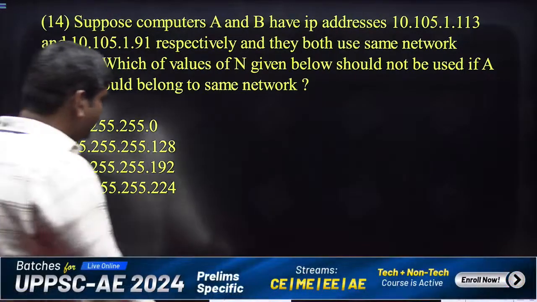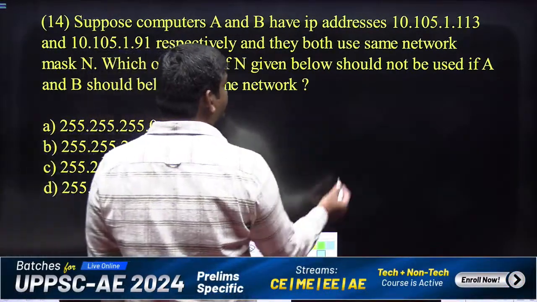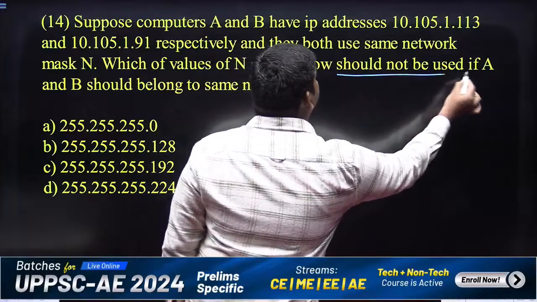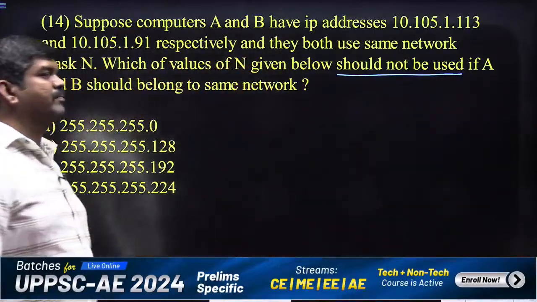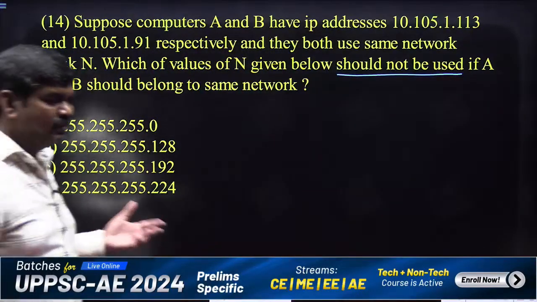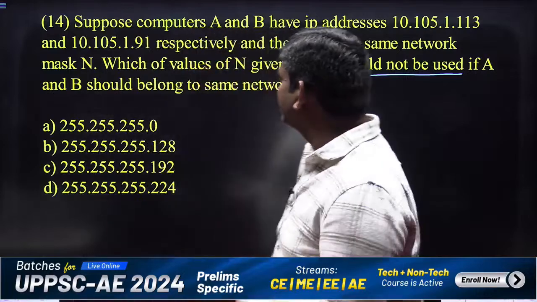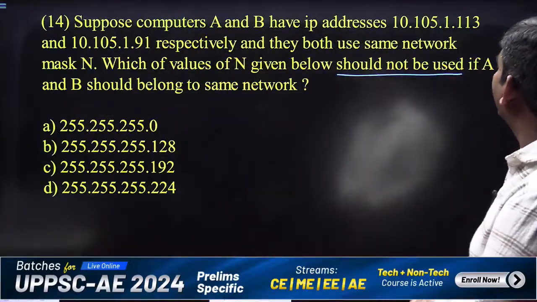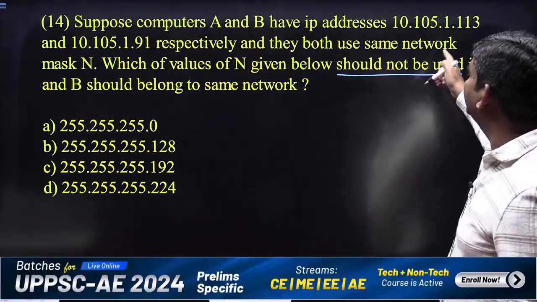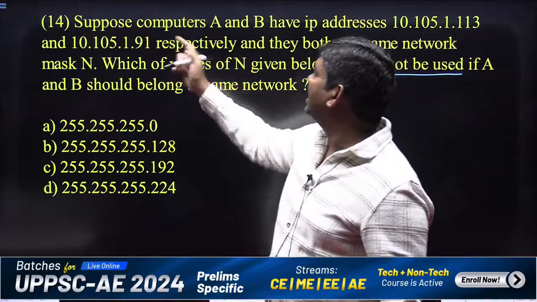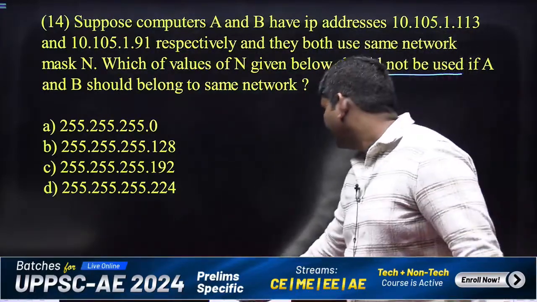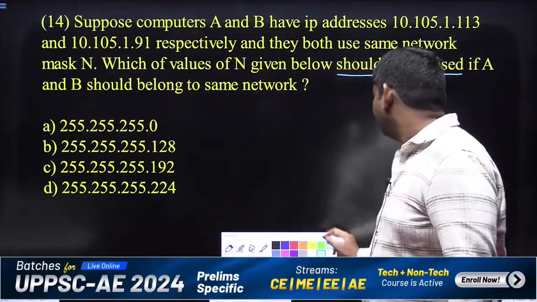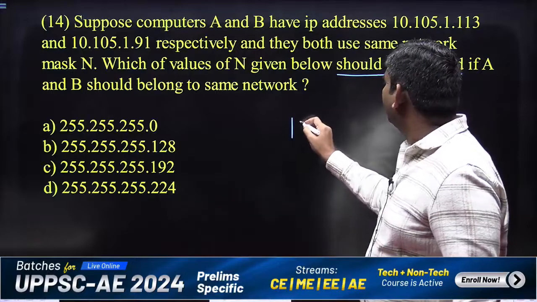See here, the hint of this question is they are just mentioning should not be used. See, should not be used. So I'm going to read every word in this question. Suppose computers A and B have IP addresses, like here you can see it is 113 and it is 91. I'm going to solve parallelly along with you.